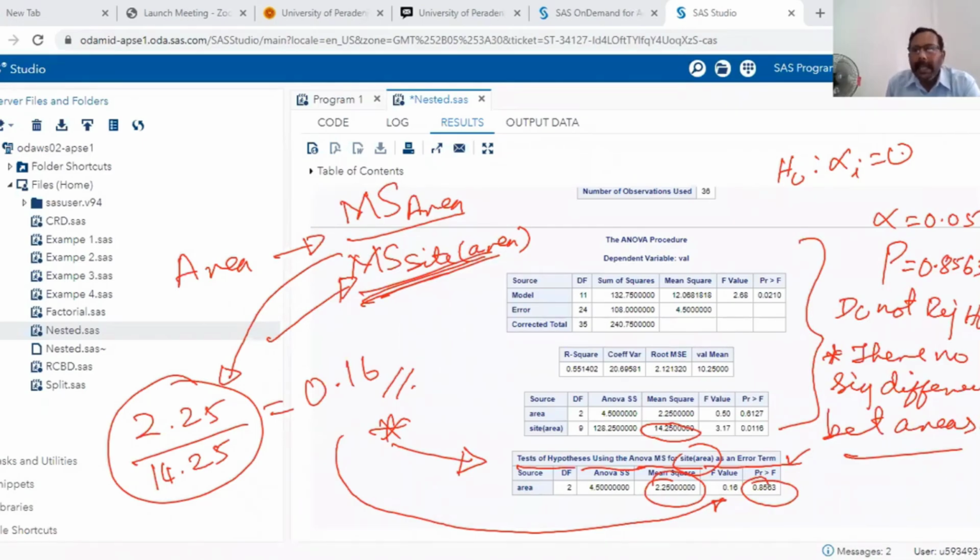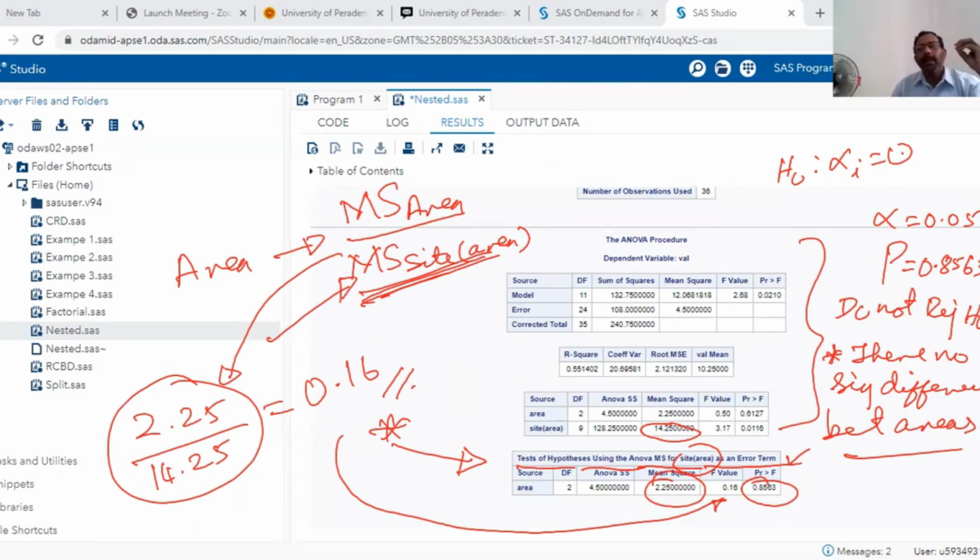So here we'll have to do the mean separation only for site, site within each area. As usual, we do it like the earlier one. Proc sort by area, because for each area you'll have to give the ANOVA.